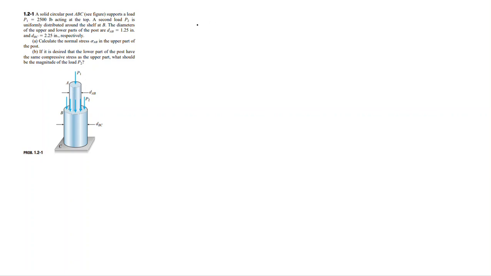The first thing we're going to do is calculate the normal stress in AB. So sigma in AB would be equal to P1, the force acting on the upper part, divided by the area of the part AB.